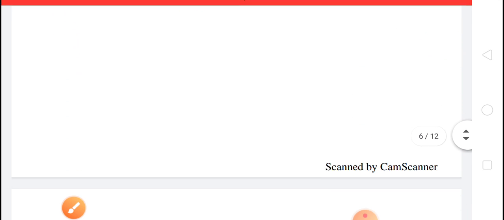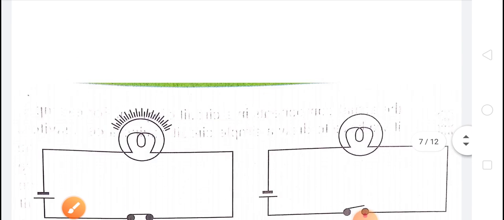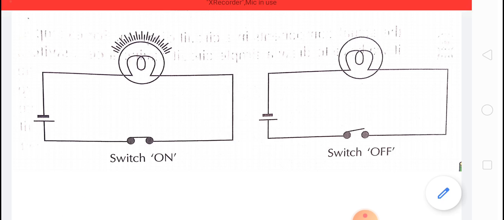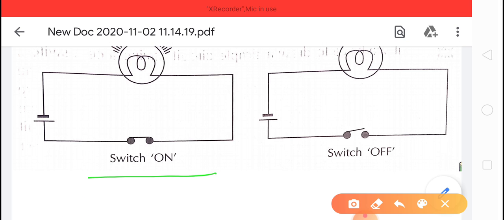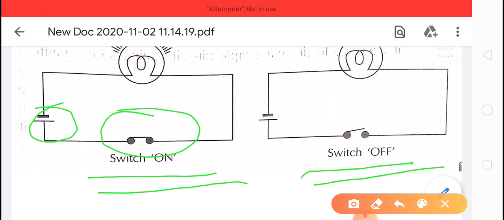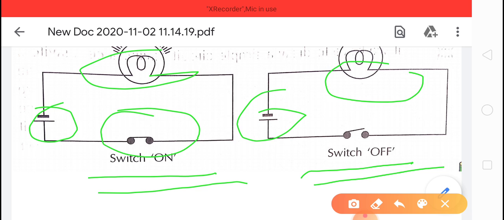Here are two diagrams that I show in front of you. The first one is a closed circuit and this is an open circuit. This is a complete circuit and this is an incomplete circuit. A switch is there, a bulb is there, a battery is there, same as here: battery, bulb, switch.